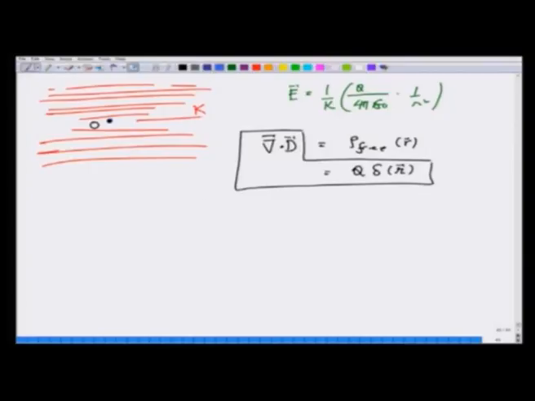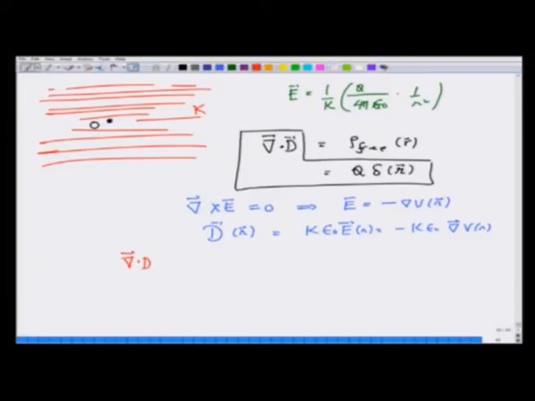I also have curl of E is equal to 0, and that gives me E is equal to minus grad of V of R. Now, D for a linear dielectric is equal to K epsilon 0 E of R, and therefore, this is minus K epsilon 0 grad of V of R. This immediately gives me divergence of D is equal to minus K epsilon 0 Laplacian of V of R, and this is equal to Q delta of R, or Laplacian of V of R is equal to minus Q delta of R over K epsilon 0.